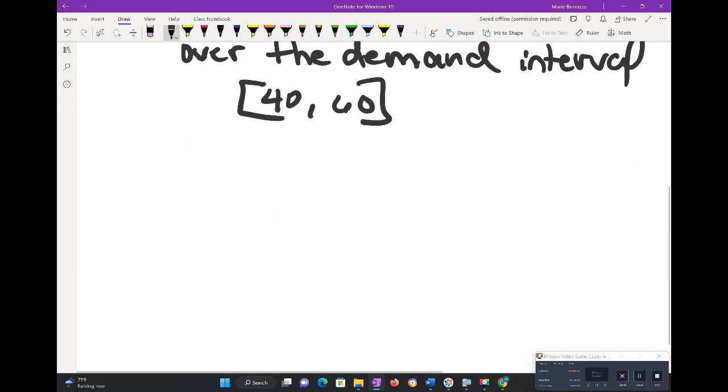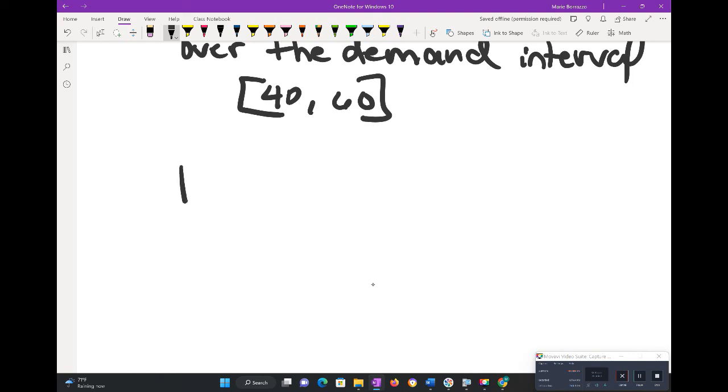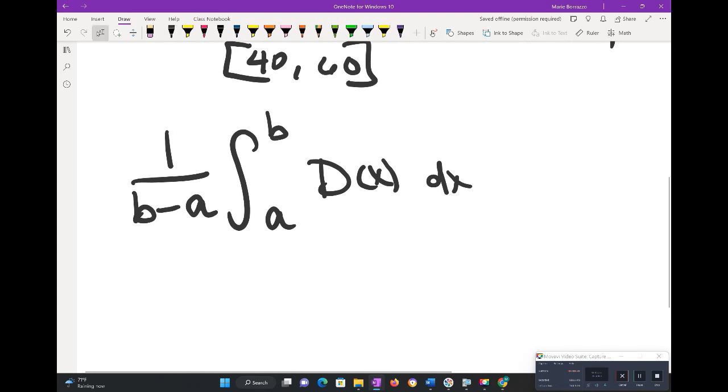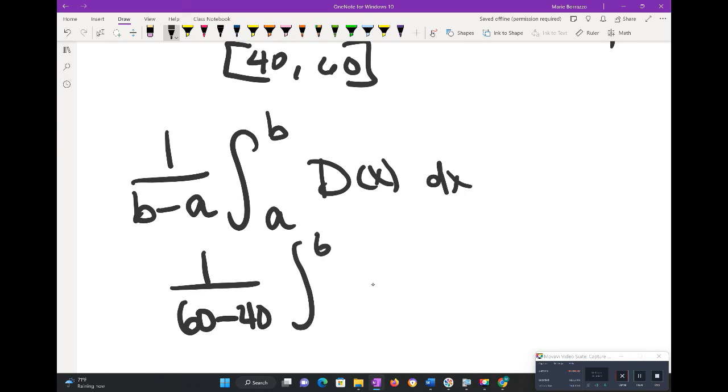So following the notes I gave you earlier, we would do 1 over b minus a. And then here's your interval from b to a. And then we're doing the d of x dx. In our example, we're doing 1 over 60 minus 40. So that's our interval. And we would write 60 to 40, given the value of 100e to the negative 0.05x dx.